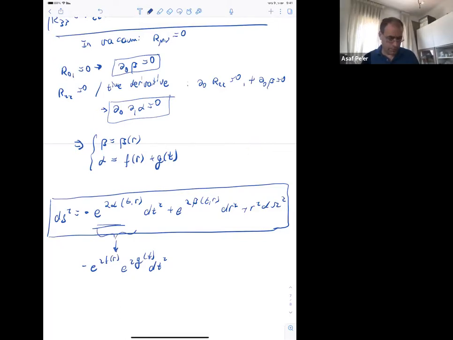Now, we can always simply absorb the g of t inside the definition of dt because we can simply rescale the time. So dt just goes into e to the minus g t dt, and then we get rid of the dependence on g.